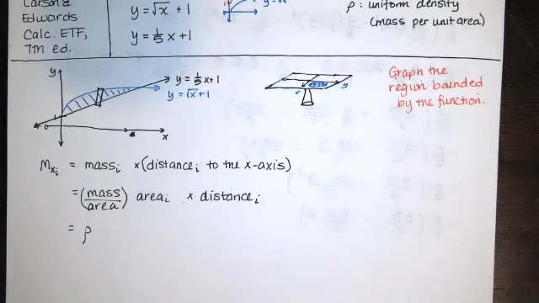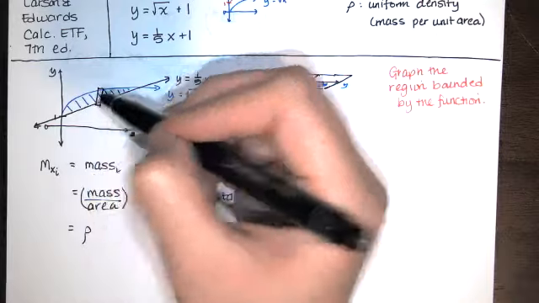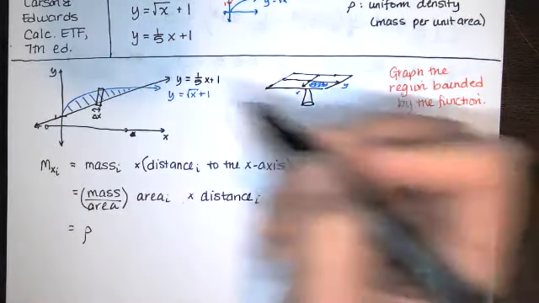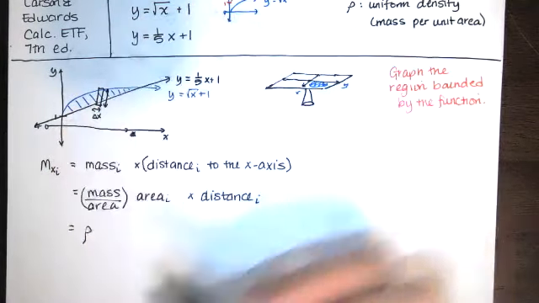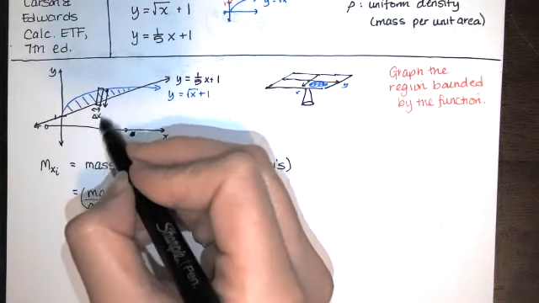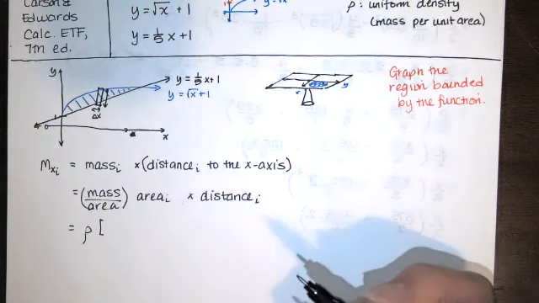And the area is actually pretty simple. If this is my top function and that's my bottom function, that's delta x right there. The area is this change in y times the change in x, but the change in x is delta x, so we want this change in y in terms of x.